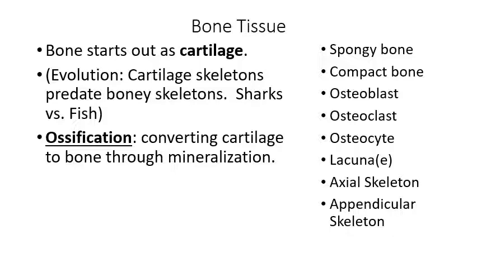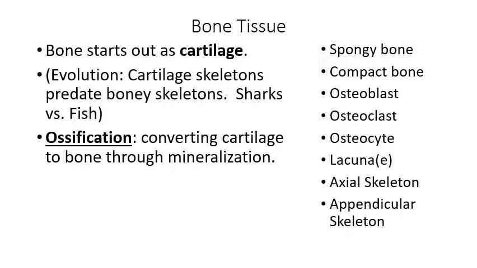Now, here's an interesting side story. Again, I'm not going to ask you about evolution or creationism or intelligent design in this class. Those are subjects for religious classes and philosophy classes. But the interesting thing about evolution is that on the evolutionary time scale, the first animals in the world were fish in the ocean.